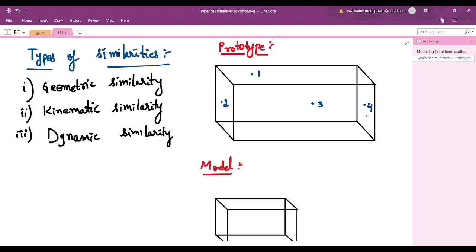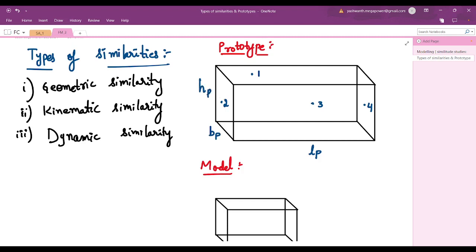So in total I've considered 4 points. And this is the length, let it be the length of the prototype LP. And this is the width, or you can say breadth, so the width of the prototype, and this is the height.